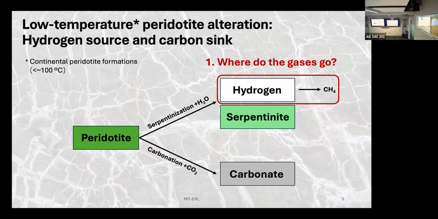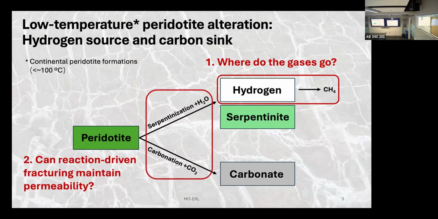The second aspect of peridotite alteration in low temperature environments is its reaction with CO2, which is a carbonation reaction. This reaction can essentially eliminate CO2 through the formation of stable carbonate minerals, and this has been proposed as a promising method to reduce the CO2 in the atmosphere to slow or hopefully halt climate change.